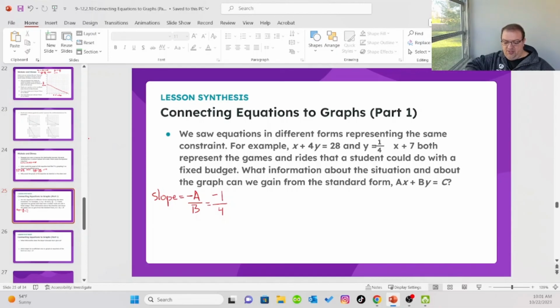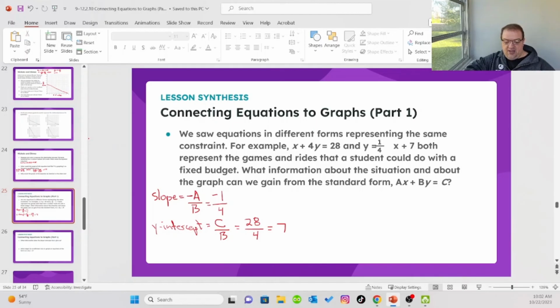So on this one, we can see that when we rewrite it, the number with our x is going to be our slope. And our y-intercept is going to equal c divided by b. Well, our c was 28, and our b was 4, and 28 divided by 4 is 7, which is going to be the number that is not attached to our variable.